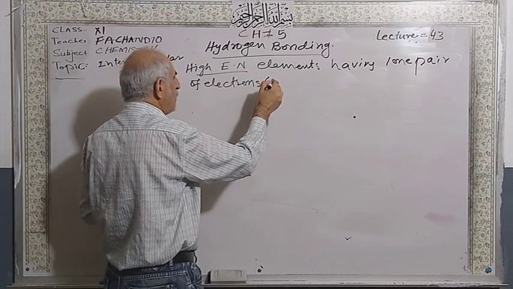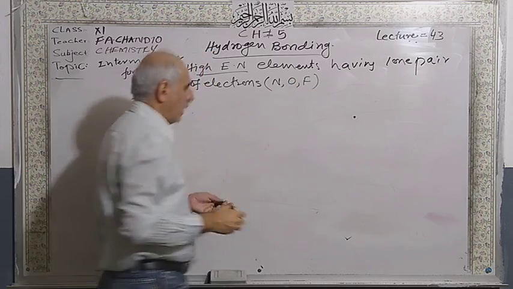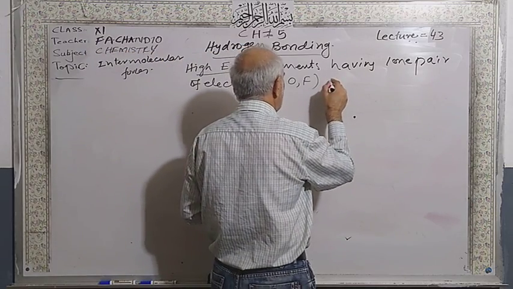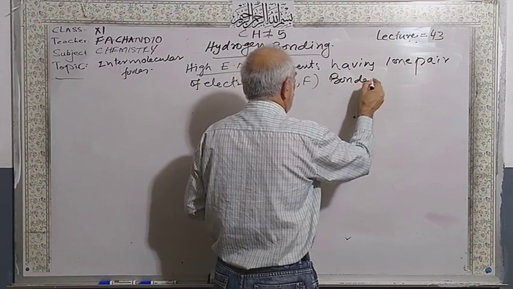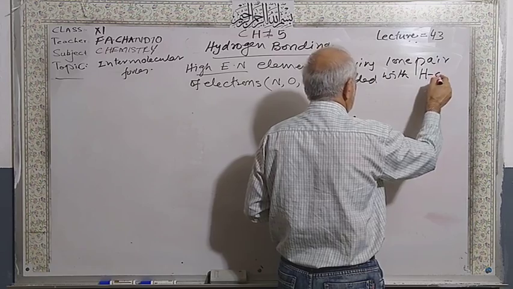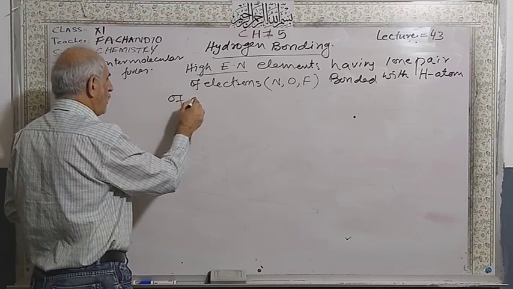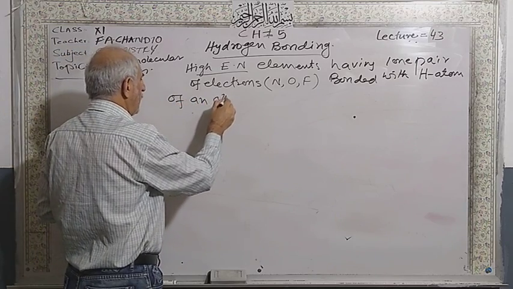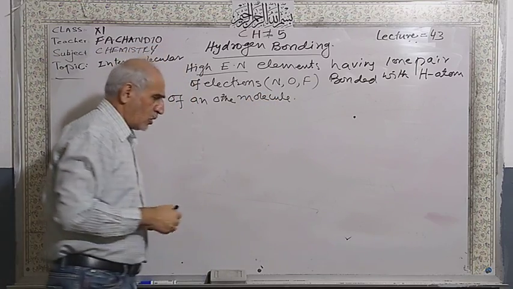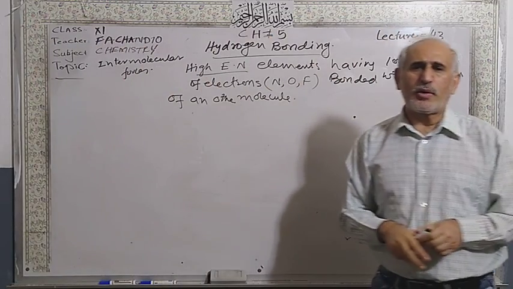These highly electronegative elements may be nitrogen, may be oxygen, may be fluorine. If they have a lone pair of electrons bonded with the hydrogen atom of another molecule. So this is a special kind of bonding which is called hydrogen bonding.